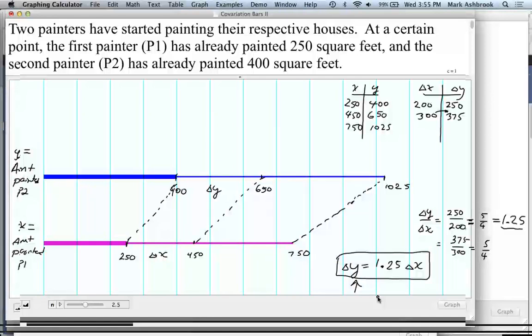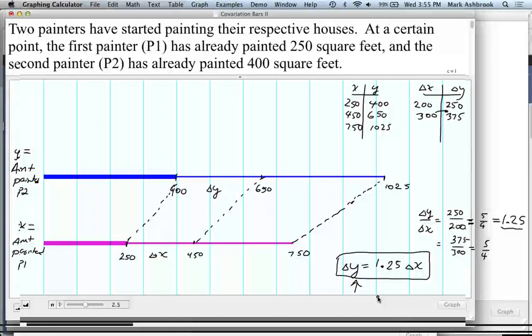For each additional square foot that painter 1 paints, painter 2 would be an additional 1.25. It's actually still different. You're saying that painter 1 has to paint 1 square foot additional. Is that what that says? No. Each change. So what does that say? Anyone else want to give it a shot? For every square foot or any amount that X paints, Y will paint that plus another 25% of what X did.